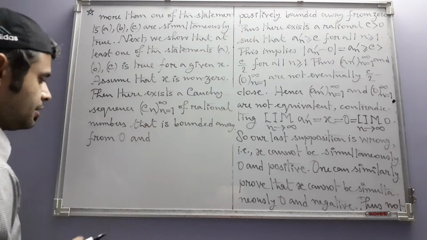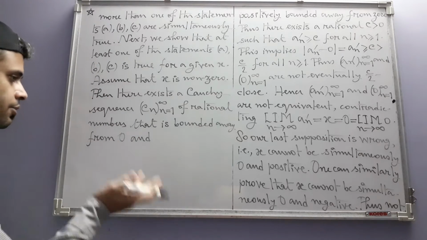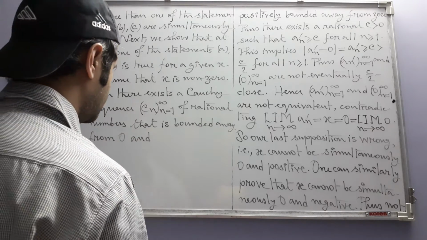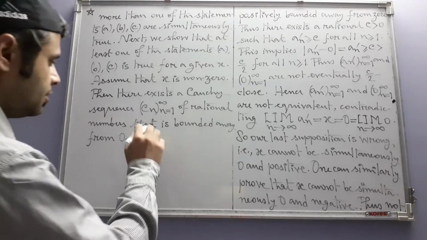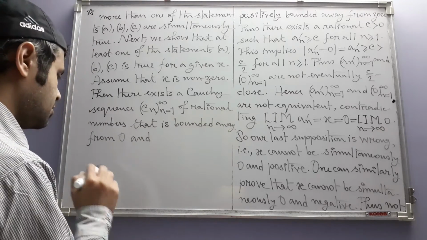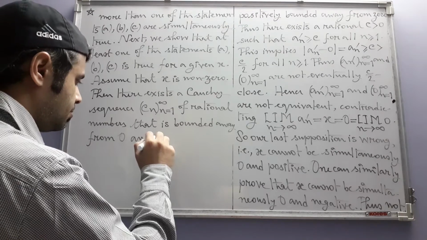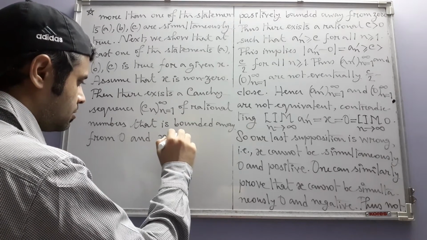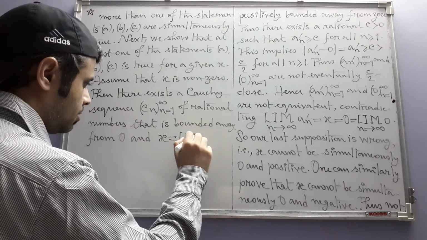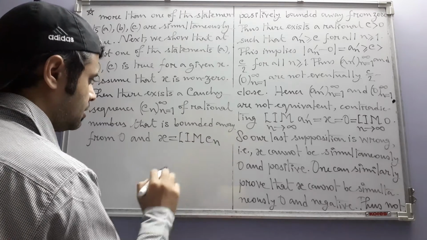It means the same thing. Whether you write 0 as a word or using a symbol, it means the same thing. Okay, so that is bounded away from 0 and x is the formal limit of that sequence.